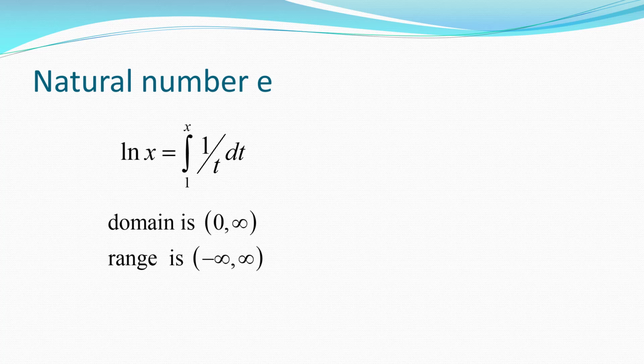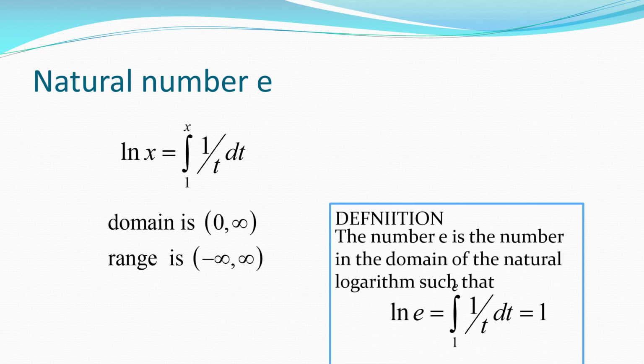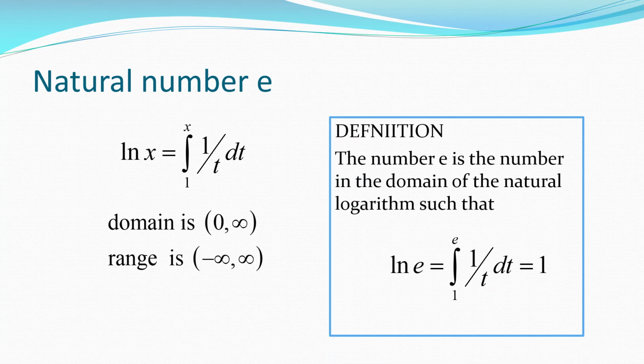So it can only be 1 for one x value. Because of that, let's define it. We're going to call e, the natural number, the single value in the domain of the natural logarithm so that the natural log of that number is 1. So now you have the real definition of what e is. We'll come back later and figure out ways to compute this number e. You know what it is. It's about 2.718 and so on.